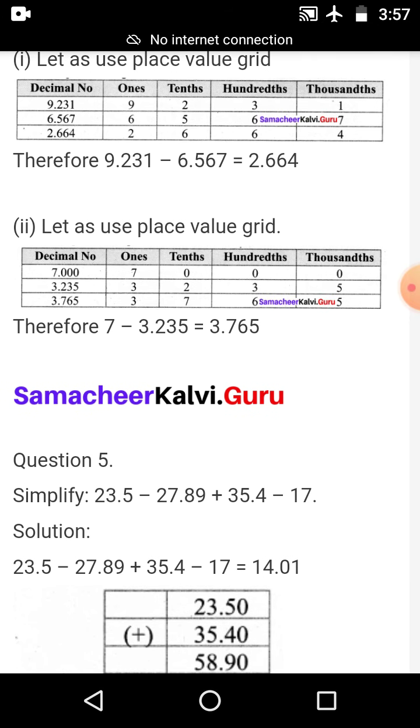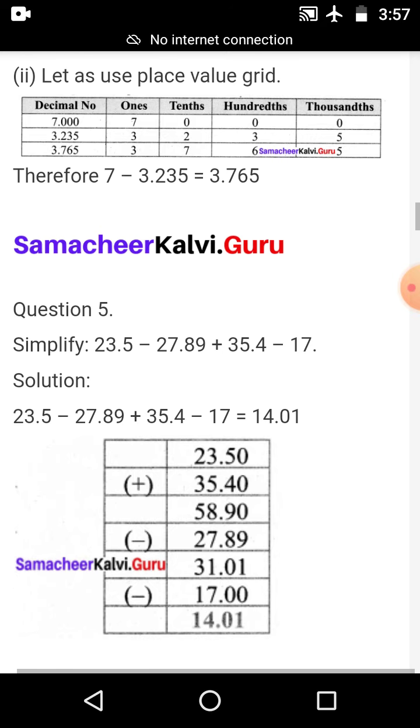See the fifth sum. Simplify 23.5 minus 27.89 plus 35.4 minus 17. Here you have to add two numbers and subtract two numbers. First of all, see the solution.